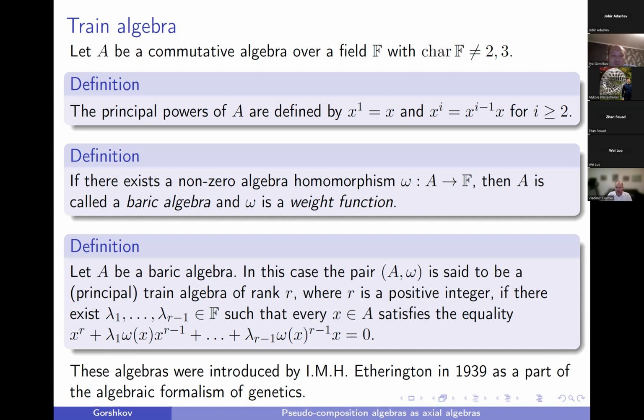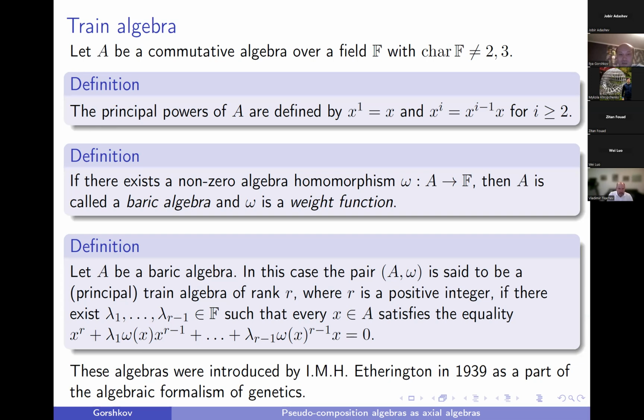These algebras were introduced almost 100 years ago as a formalization of genetics.